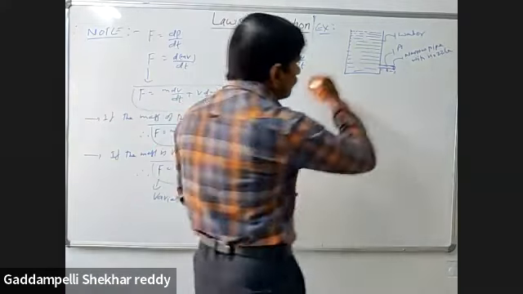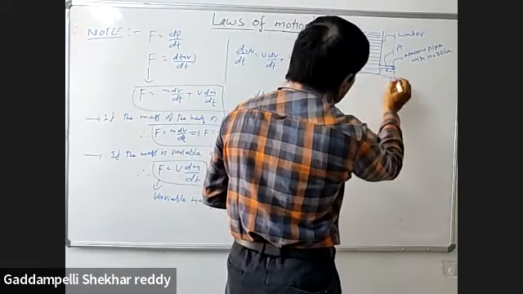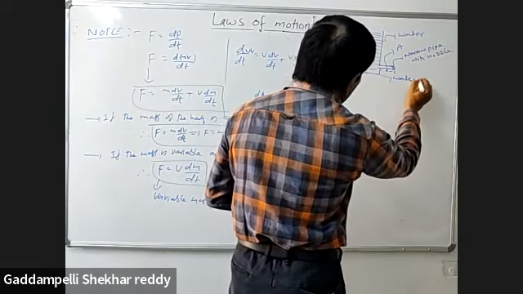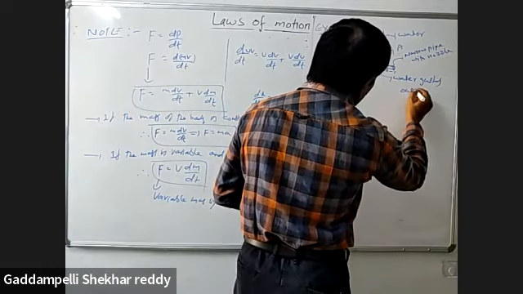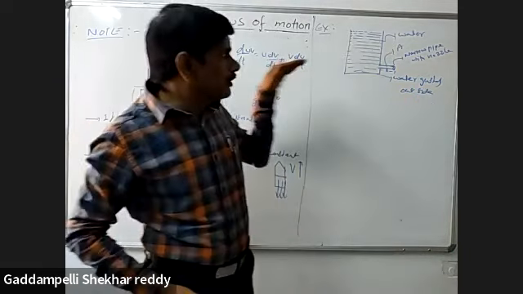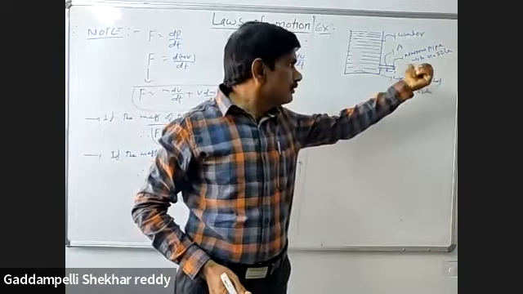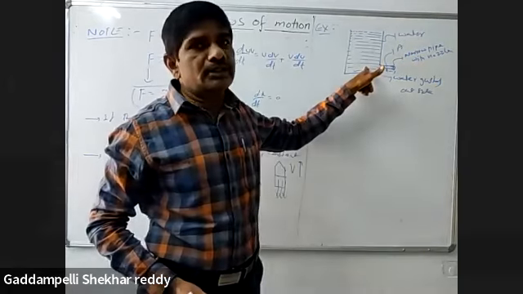So the water gushes outside, meaning the water moves in the outward direction. Due to the recoil force, the pipe moves inside.